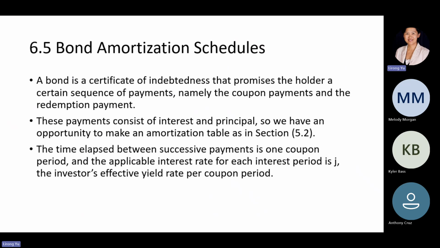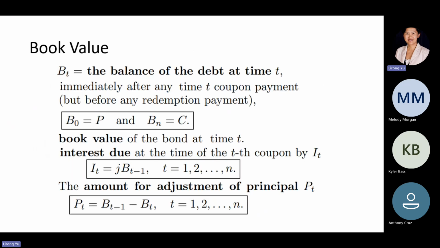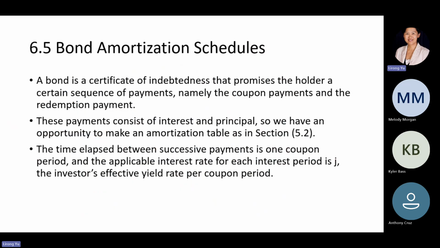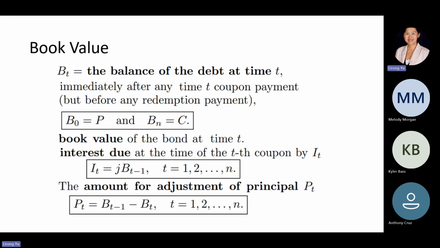That will be kind of like the book value based on the following payment and the final payment. All right, so we would want to determine something called a bond amortization schedule based on the book value. So the book value and your amortization schedule are not the same thing, but they are highly related. So let's start by defining and talking about the book value.